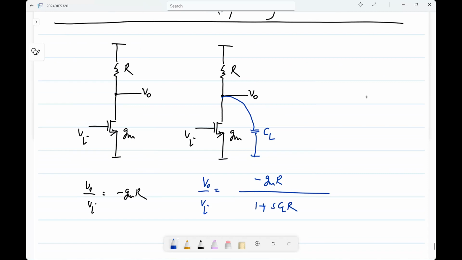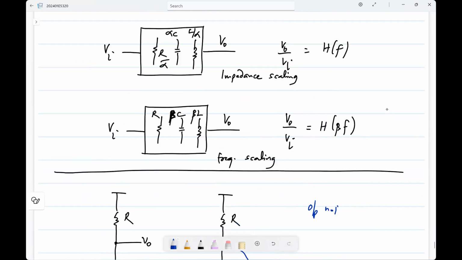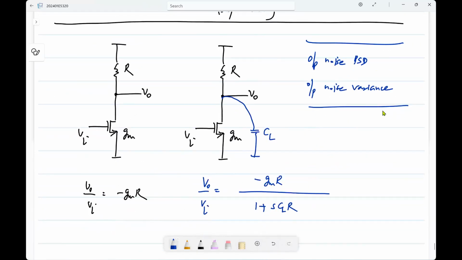So please evaluate the output noise power spectral density and output noise variance in both these circuits, and we'll continue from there. This is a very trivial extension to what we have done with RC.